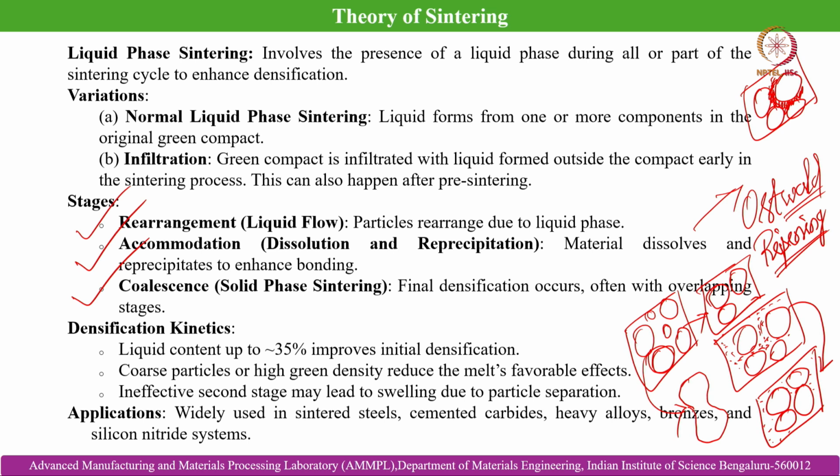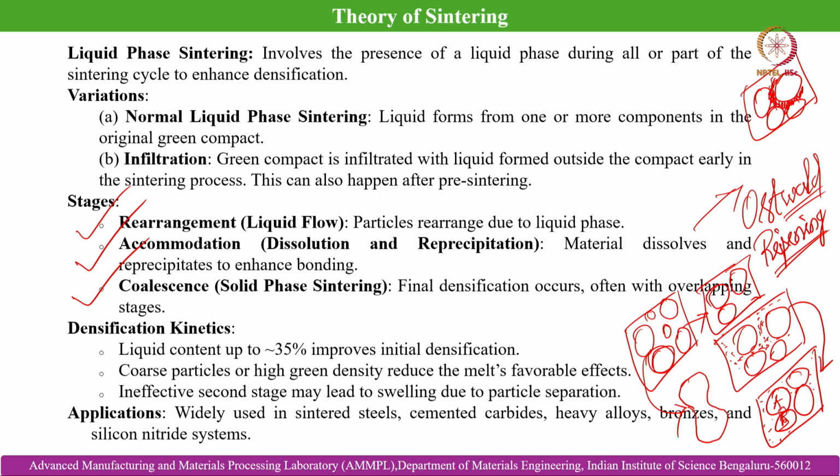And then number 3 is ineffective second stage may lead to swelling due to particle separation. Because I told you that in the rearrangement stage the goal of this liquid is to, by convection, draw the particles closer to each other, say particle A, particle B. Because the densification or the diffusion mass transport processes start from the contact point.